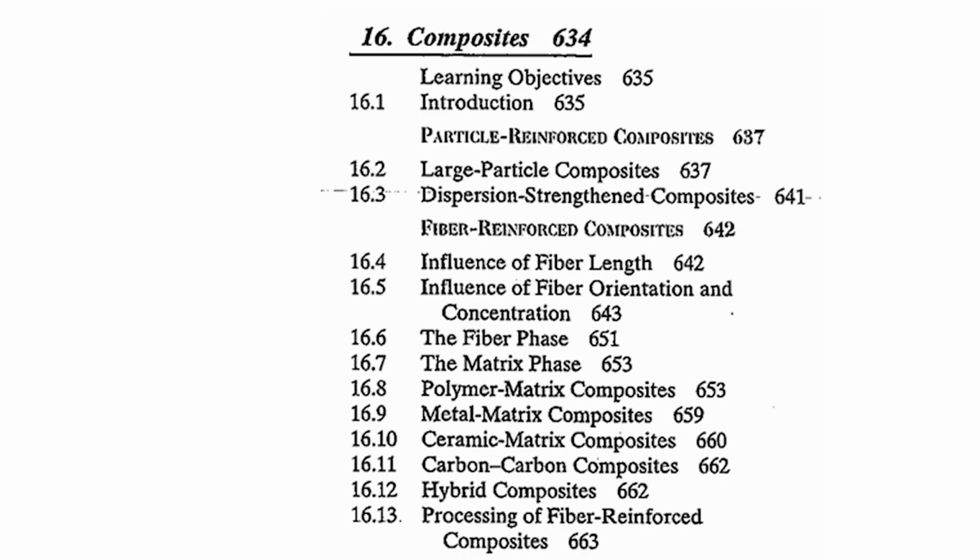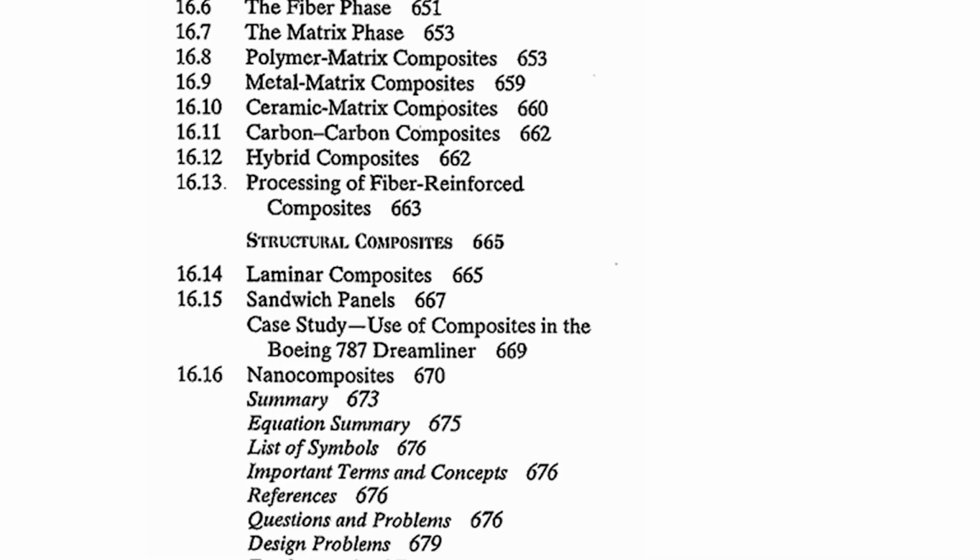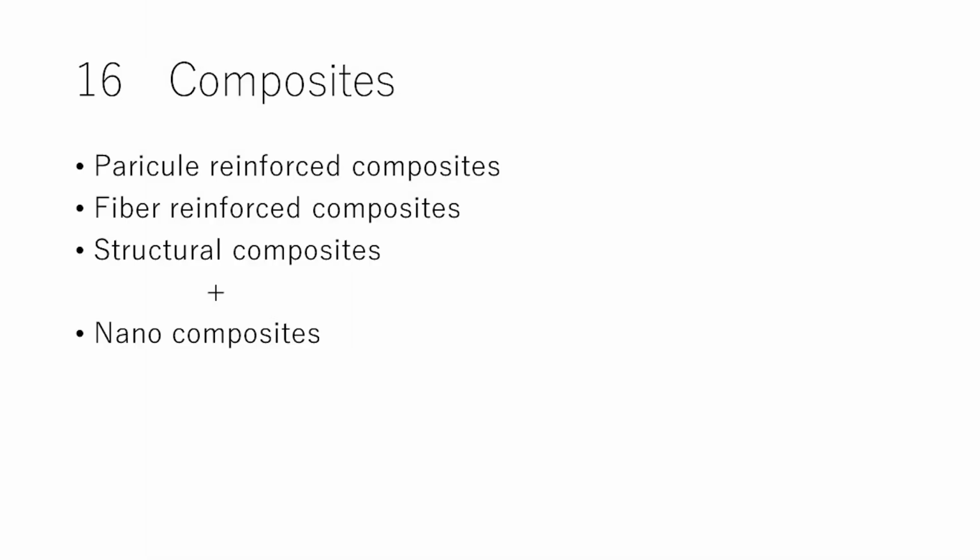So, chapter 16, composites consist of the particle reinforced and fiber reinforced and structural composite, plus nanocomposite in this textbook. So these are structural composites and nanocomposite at the end of this chapter. So chapter 16: particle, fiber, structure, plus nanocomposite material.